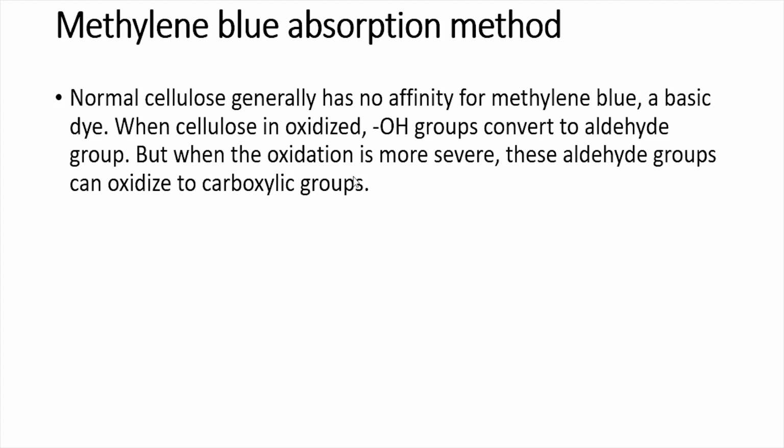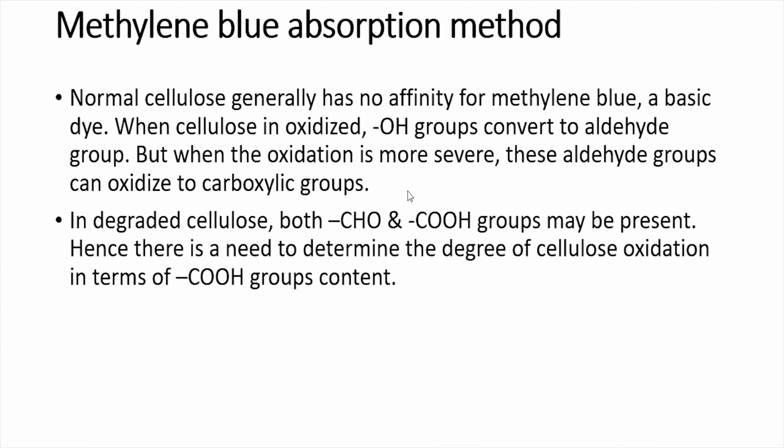These aldehyde groups have reducing power and are further converted into carboxylic groups. Pure cellulose will be in hydroxyl form, and the oxidized cotton is converted into carboxylic groups. So in degraded cellulose, both aldehyde groups and carboxylic groups may be present in the fabric.